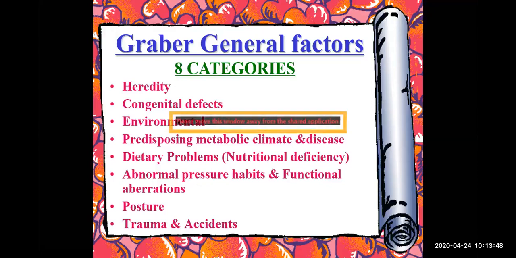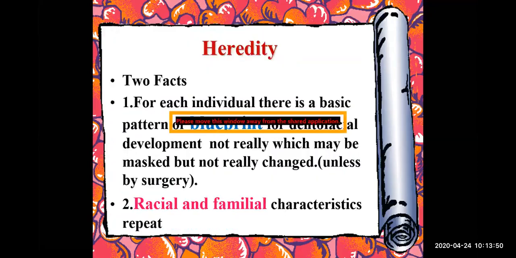The hereditary pattern, all of you know, is the genetics based on your genetical blueprint. Blueprint is your DNA, based on the DNA which you inherit. Then you have the racial and familial characteristics.